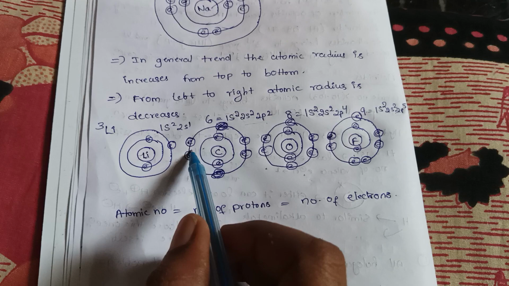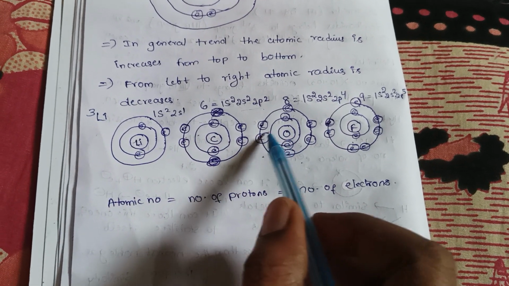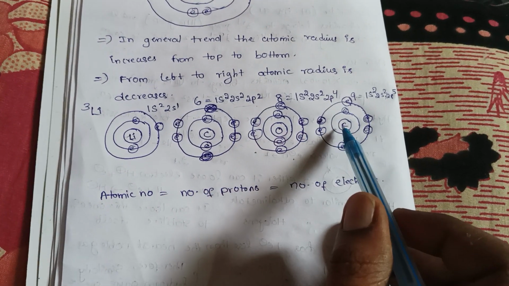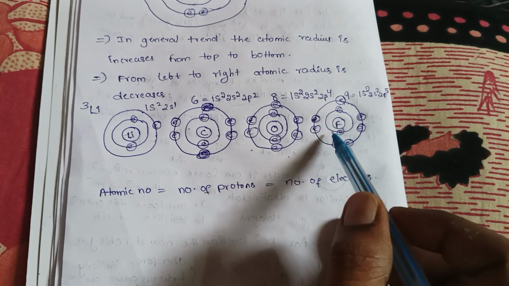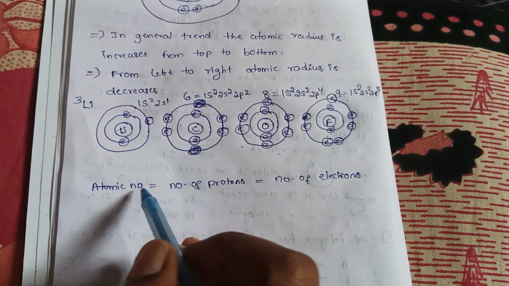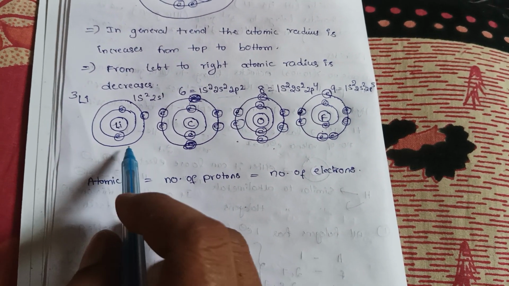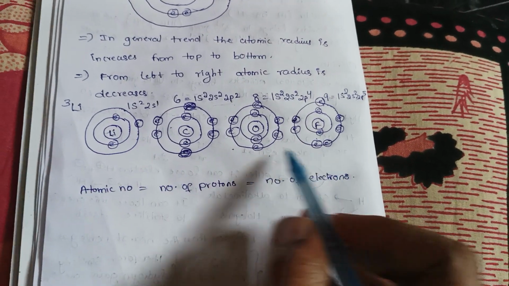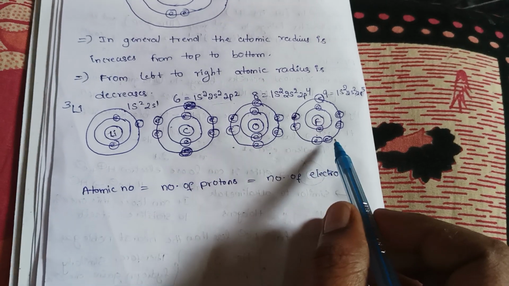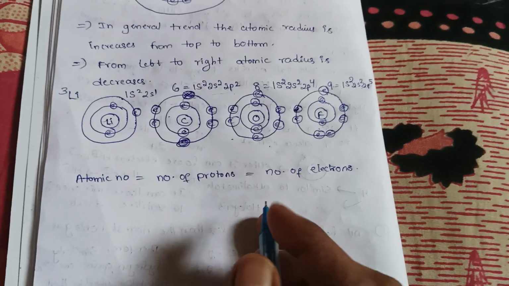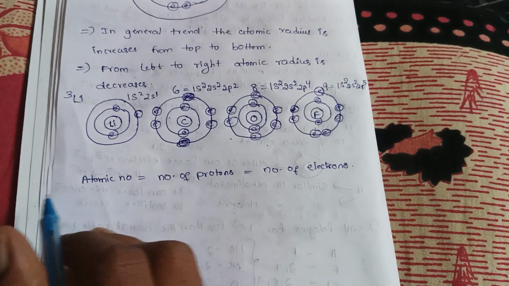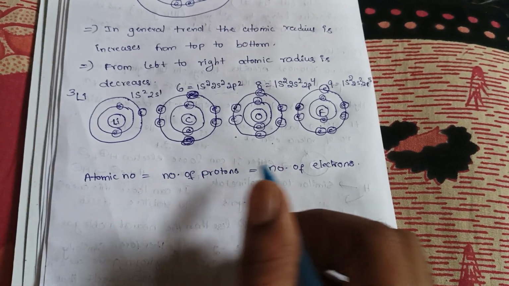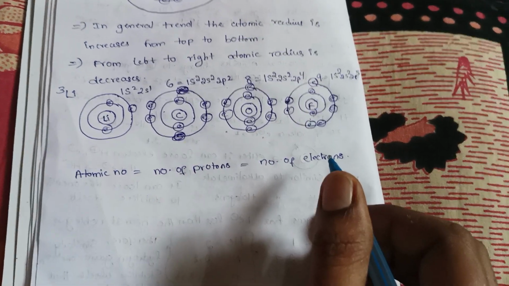Here also 1, 2. In fluorine also 2 shells only. So we conclude that from left to right, atomic number increases, but number of shells remains constant. That's why atomic radius decreases from left to right.